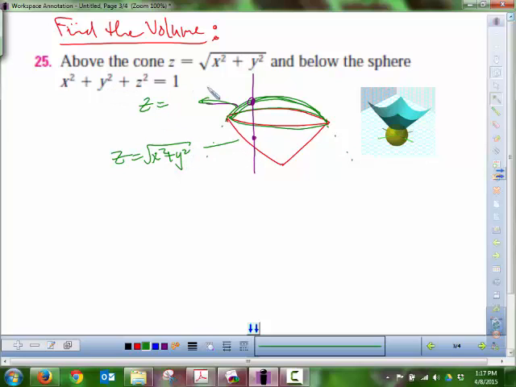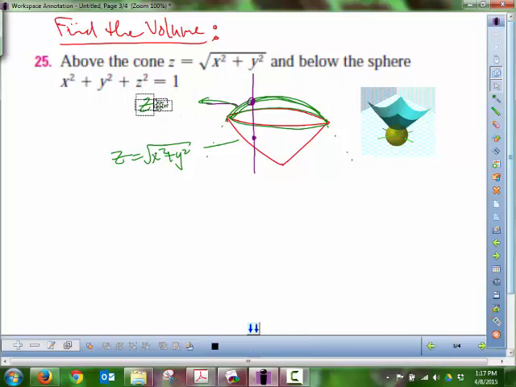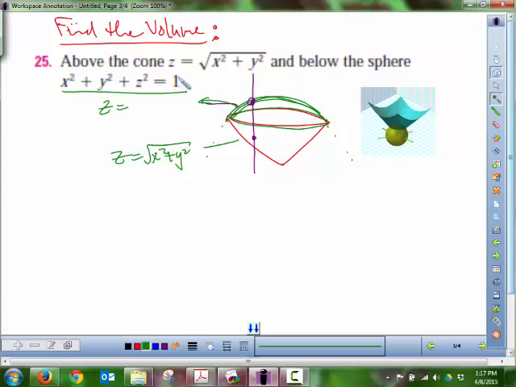But the sphere needs to be rewritten as z is equal to something. So if this is the sphere and I just solve for z, and I know that I'm looking at the top part, I'm just going to look at the positive square root of 1 minus x squared minus y squared.